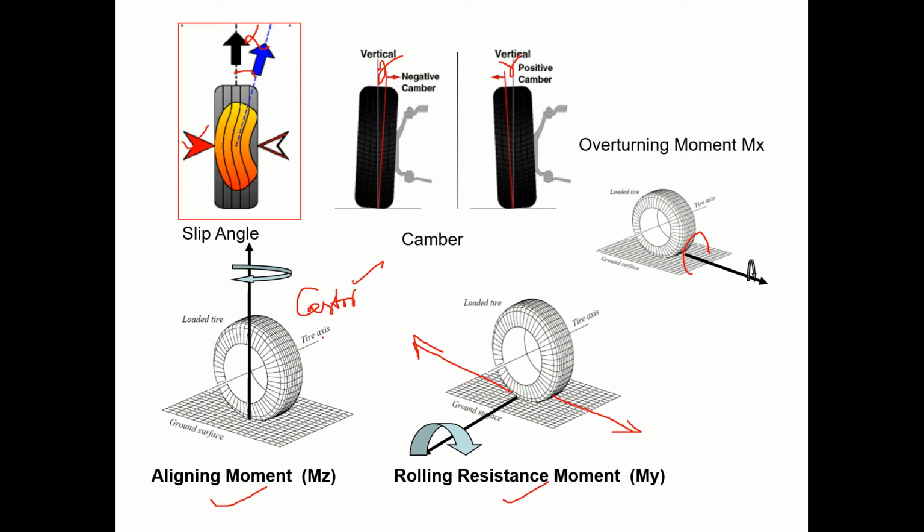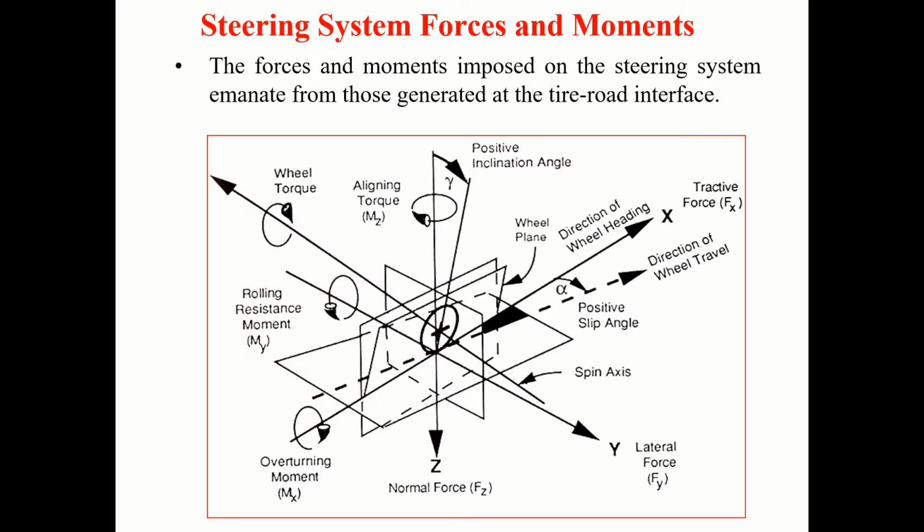So there is caster angle mu, there is camber angle, there is alpha, that is nothing but the wheel slip angle. Of course, the steering axis inclination angle you will have. So all this.